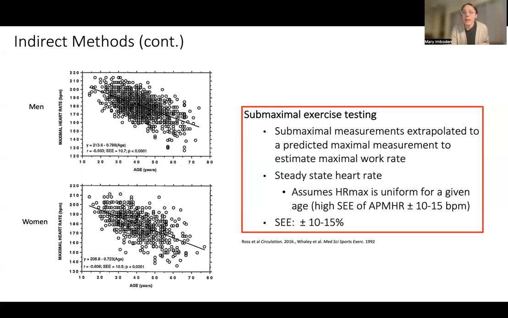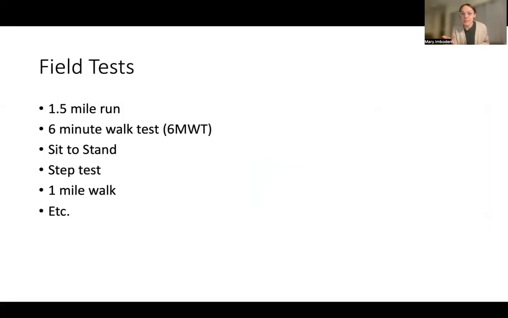So with field tests, like the 6-minute walk test, like the sit to stand, these are great ways to predict cardiorespiratory fitness in a larger group, or when we don't have equipment like cardiopulmonary exercise testing, a metabolic cart, or even don't want to perform exercise on a treadmill.